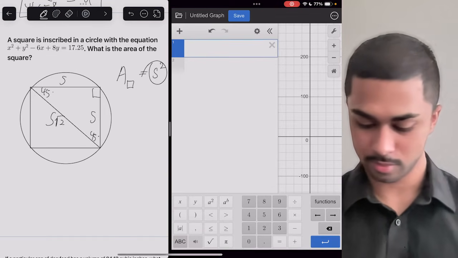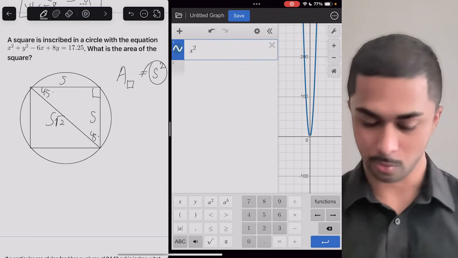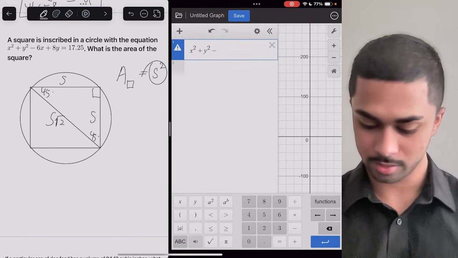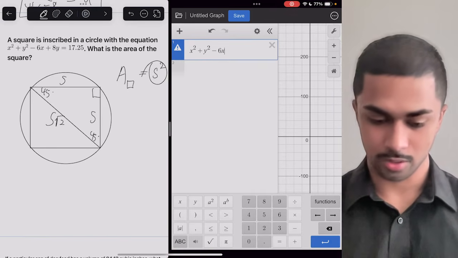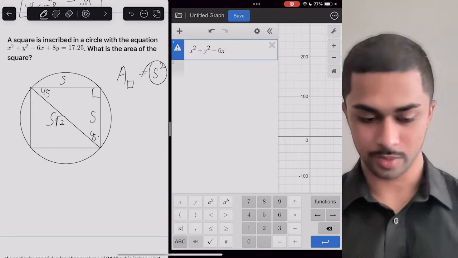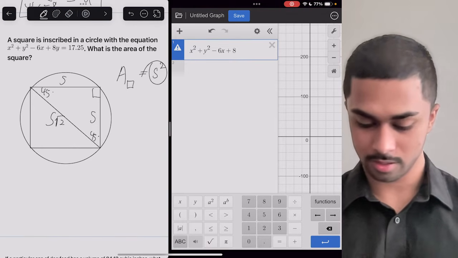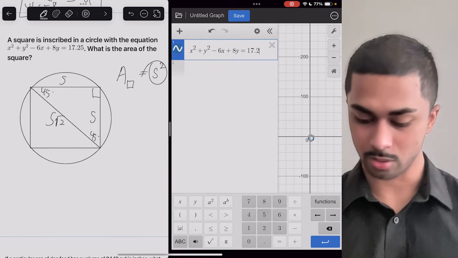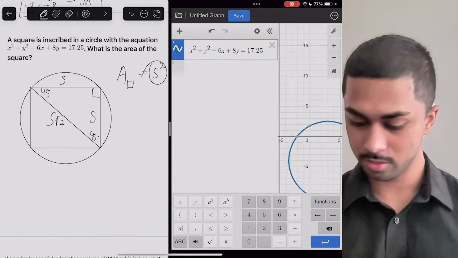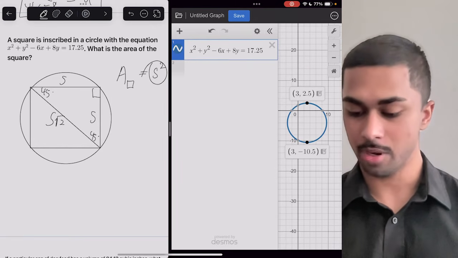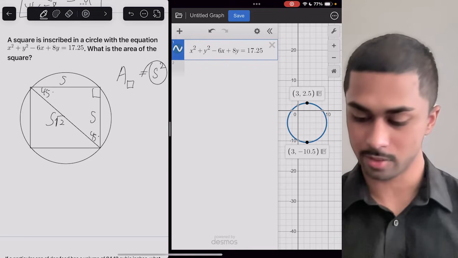All right. Here's how we do it, and here's why these are free points. Because you don't have to complete the square here. On the SAT, whenever you're given an equation of a circle, you can always just graph it like this, and then the top and bottommost points are always graphed.